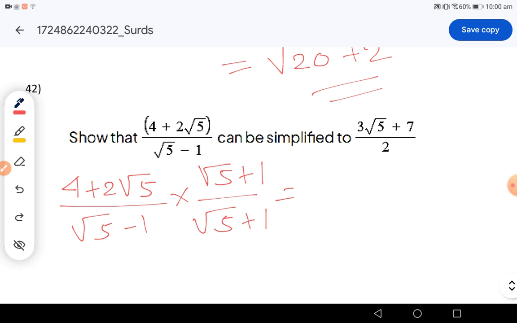So 4 root 5 multiply 4 times 1, 4, and 2 root 5 into root 5 is 2 into 5, plus 2 root 5, by 5 minus 1.